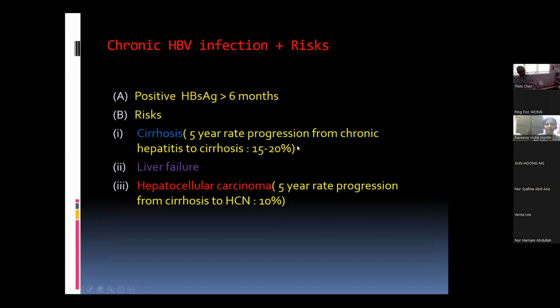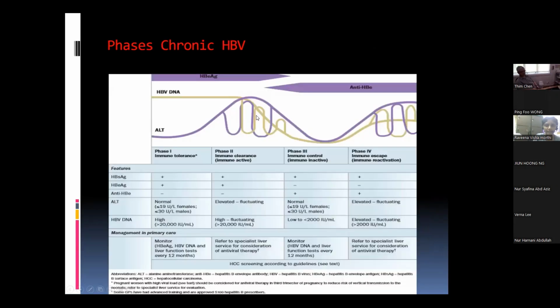And these patients are at risk of cirrhosis and HCC, hepatocellular carcinoma. In Australia, we try to classify them into 4 phases: tolerance, clearance, control, and escape. GPs in Australia monitor all this every 6 months.